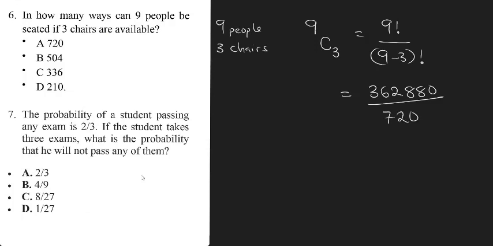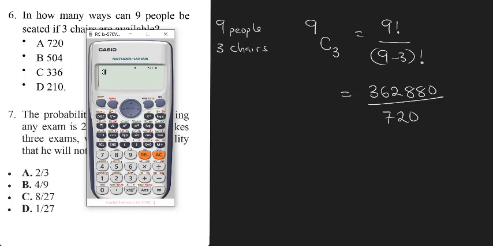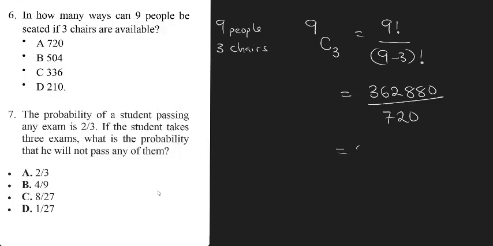So divide this. 362,880 divided by 720 equals 504 ways. So it's 504 ways. So let's check it. Of course, B is the answer. So let's move to the next question.